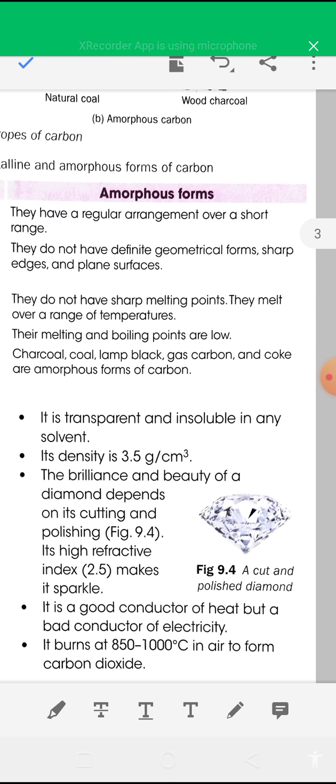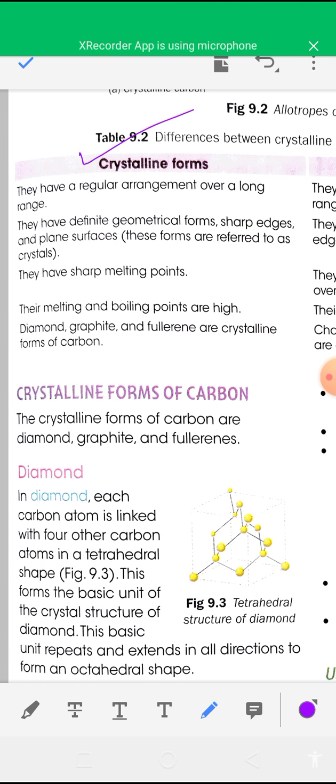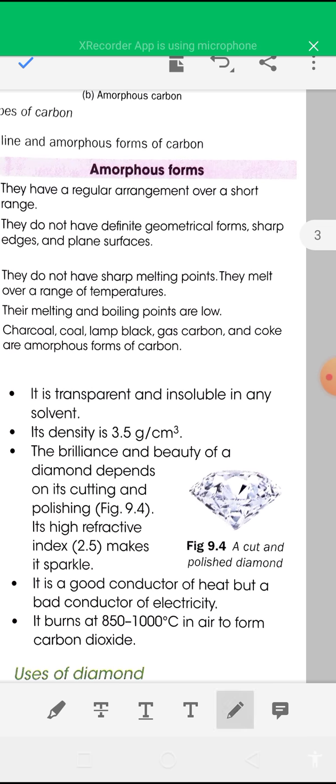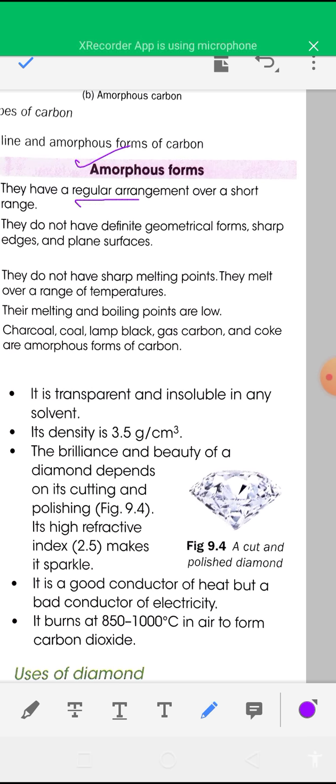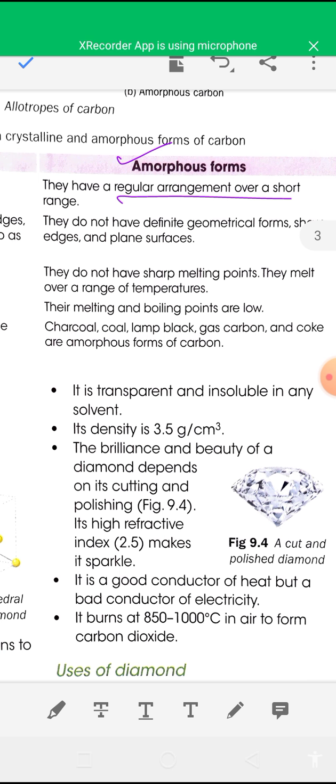Crystalline forms have a regular arrangement over a long range, but amorphous forms have a regular arrangement over a short range.